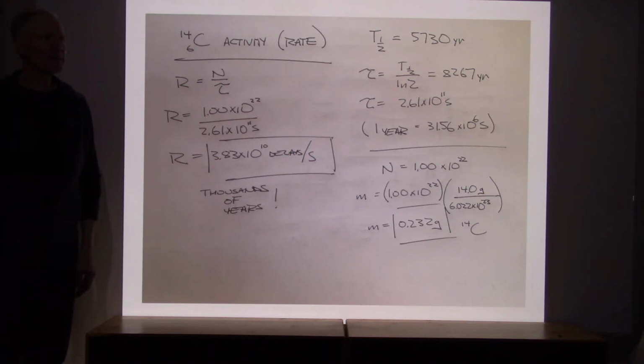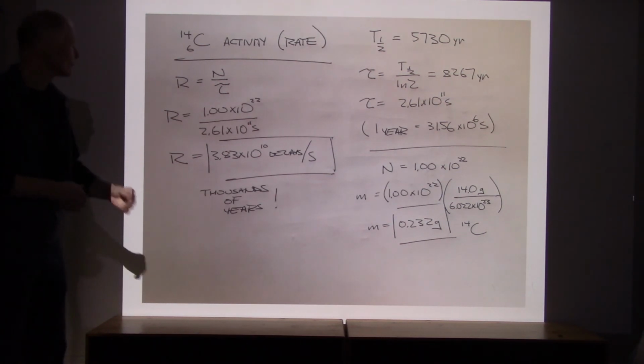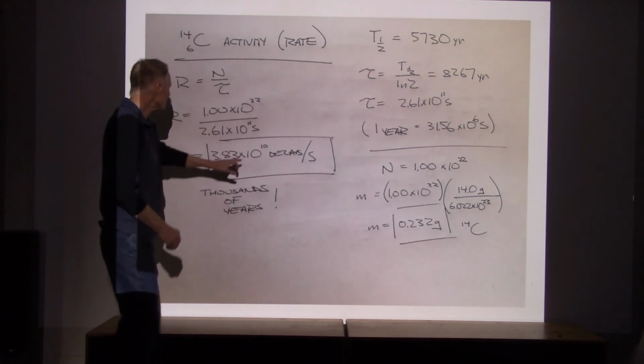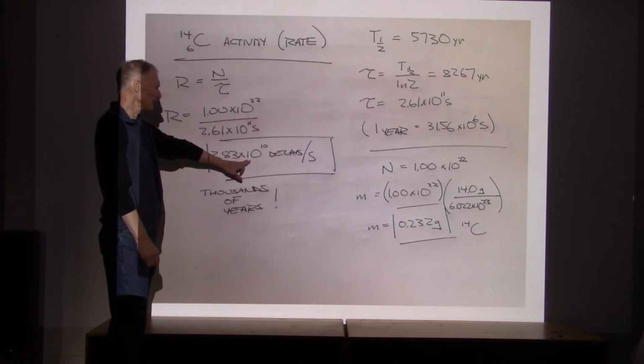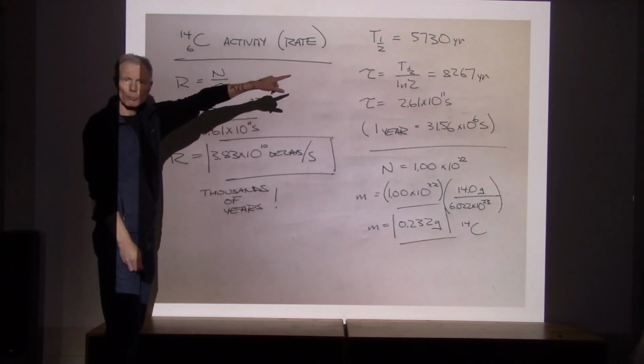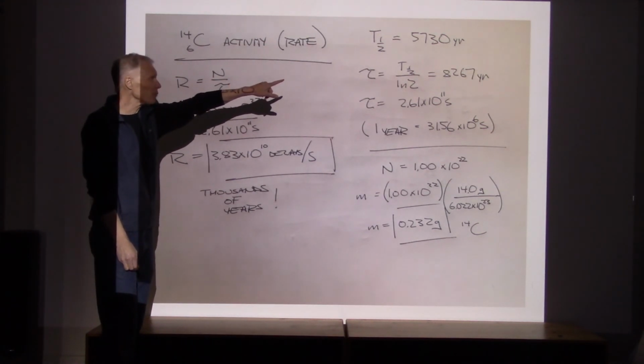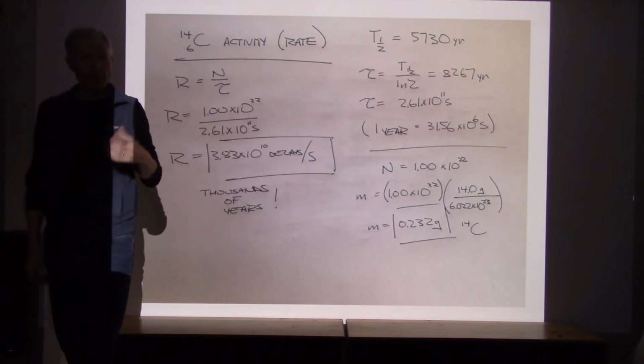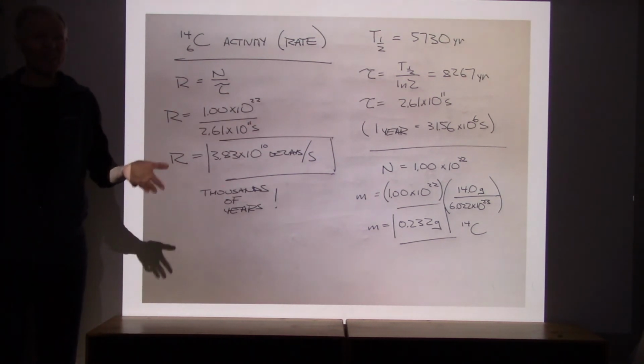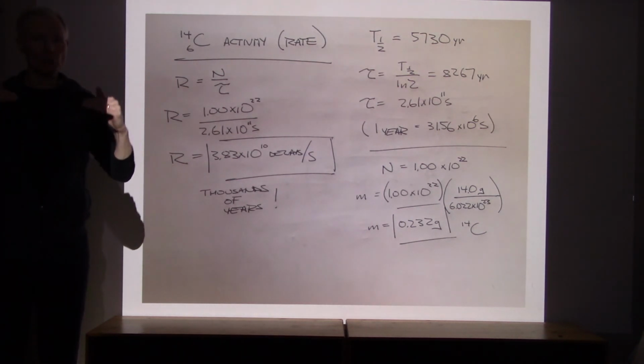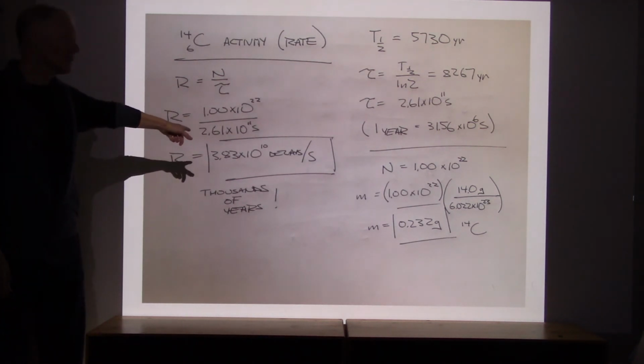And what that reminds us is atoms are really tiny. Let's think about what's going on here. I'm getting these 38 billion decays per second, how long is that going to go on for? And the half-life of this is thousands of years. It's going to take thousands and thousands of years to see a significant drop-off in that decay rate.